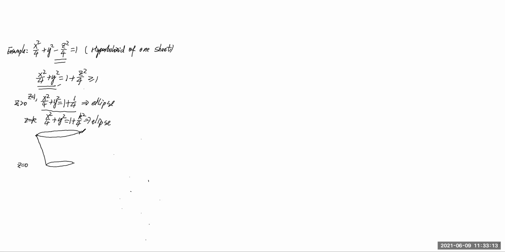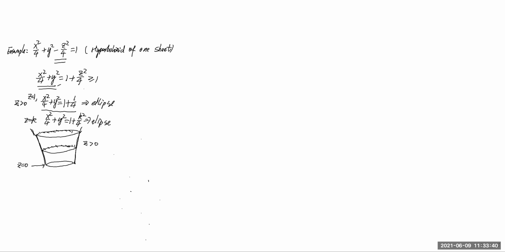Like this. This is z equal to 0. This is for z greater than 0. This is not a straight line. Okay, like this.